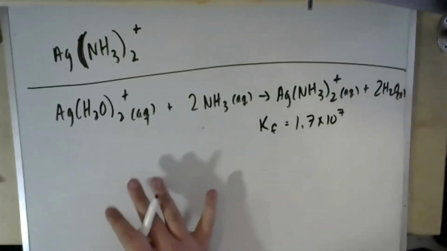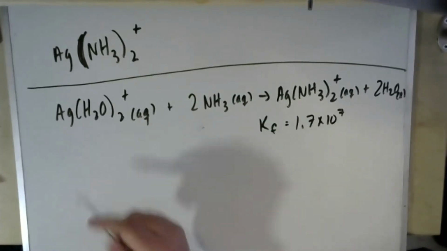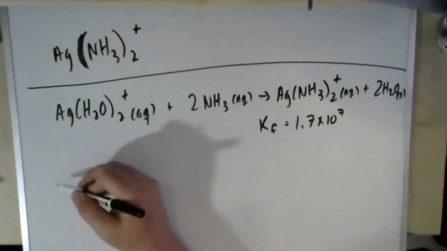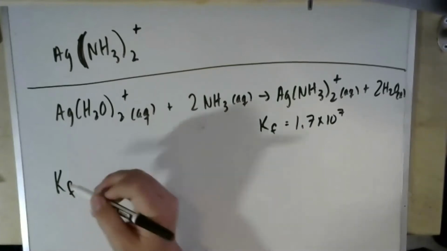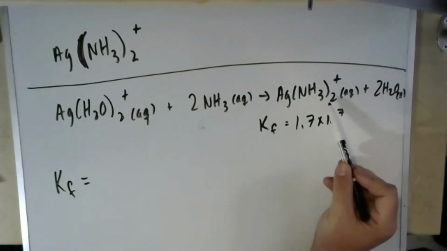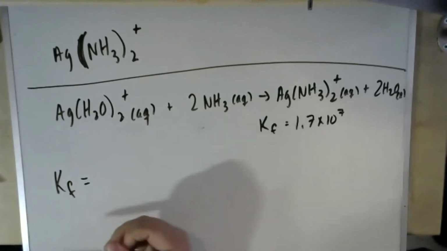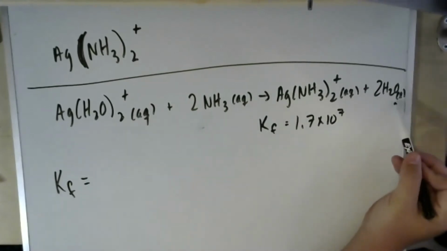Okay, so if I wanted to write out the Kf expression for this, for the formation of the Ag(NH3)2 plus, Kf equals the concentration of the products divided by the concentration of the reactants raised to any coefficients, not including solids or pure liquids.